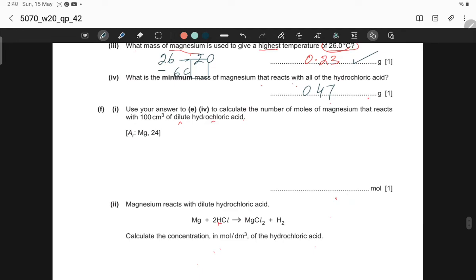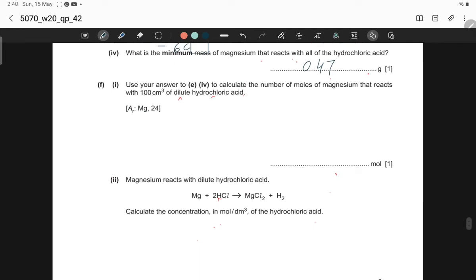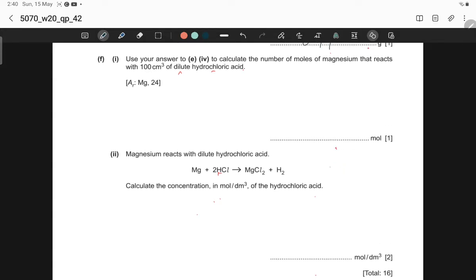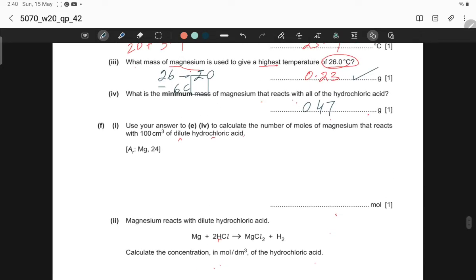Use your answer to E4 to calculate the number of moles of magnesium that reacts with 100 cm³ of dilute hydrochloric acid. Using your answer of 0.47 gram, moles is equal to 0.475 divided by 24, the Ar of magnesium.